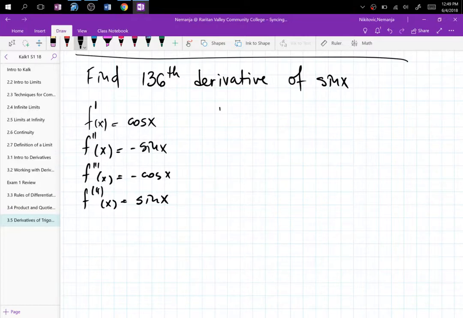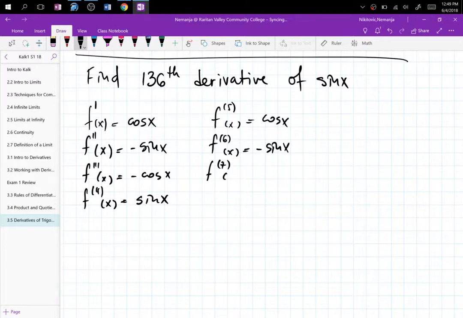Now if you're taking the fifth derivative, sine is again cosine x, and you see it's the same as the first. And then it loops. It will go and have the same derivatives, and you can do this forever.